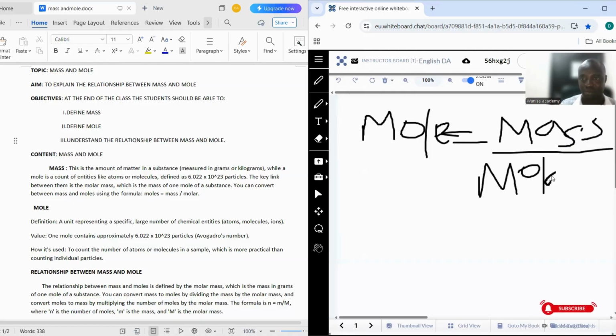So it means that molar mass connects the mole of a substance as well as its mass. The unit of molar mass is usually given as gram per mole.